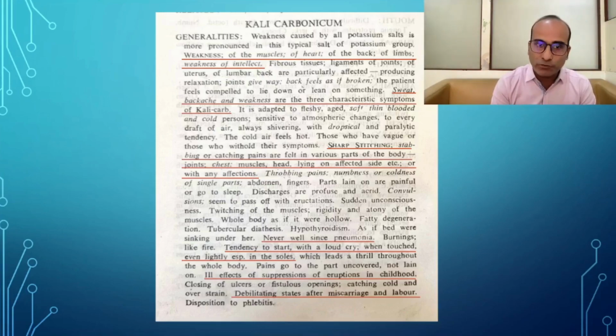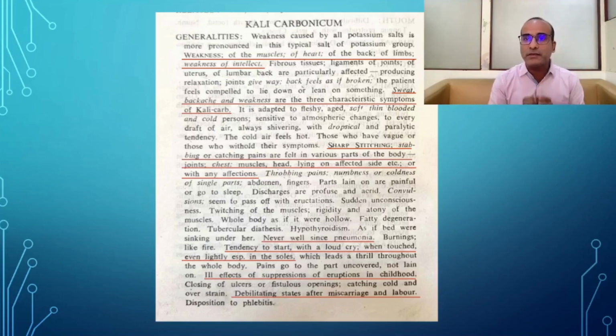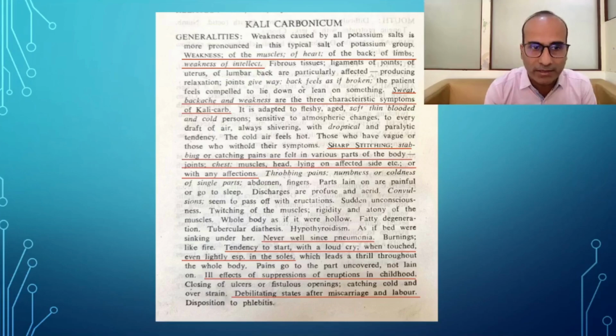It is there on the physical level, it is there on the mental level. You can see the weakness in the limbs, in the muscles, in the heart. So everywhere you will see the weakness. So now you can understand weakness is the central theme, one of the main general traits of Kali Carb.